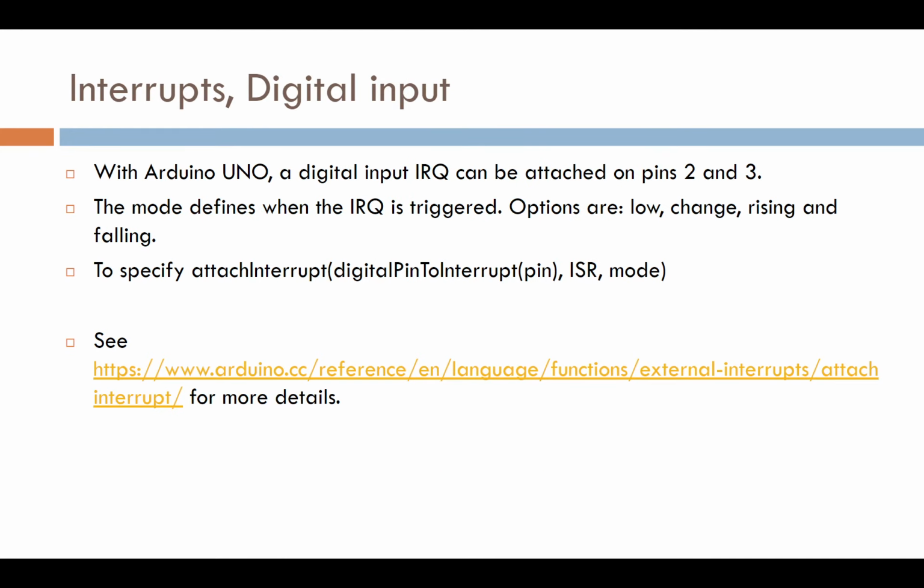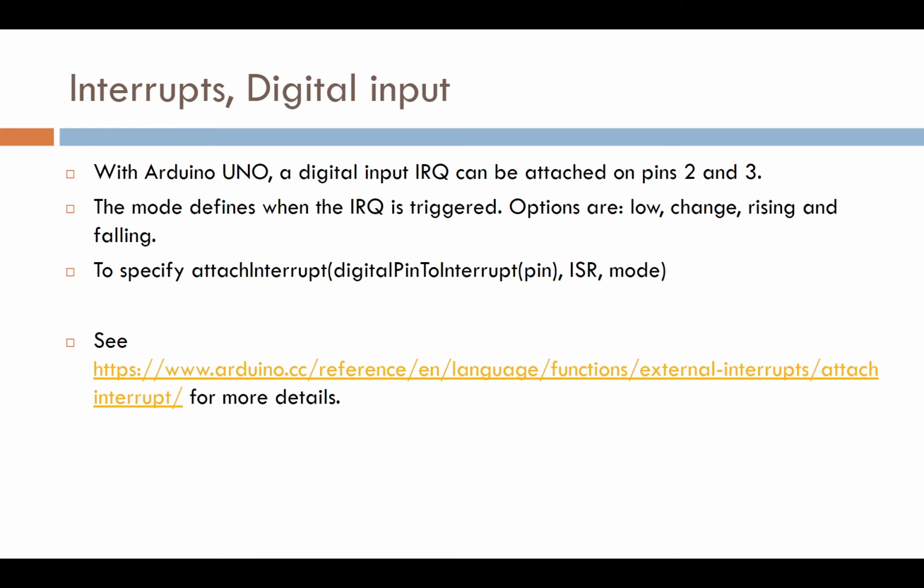Okay, Arduino Uno. A digital input IRQ can be attached on pins 2 and 3. Different Arduino models have different numbers of interrupt pins, but on this Uno there are 2 of them. That's usually plenty.